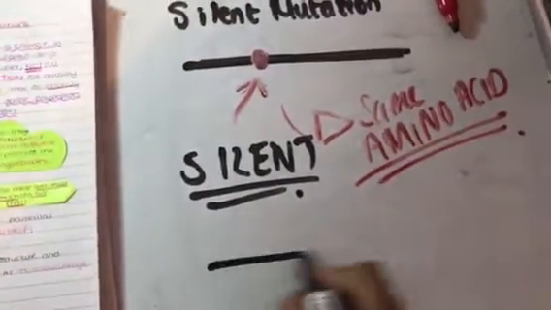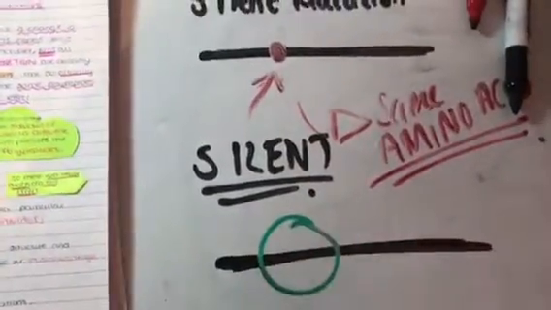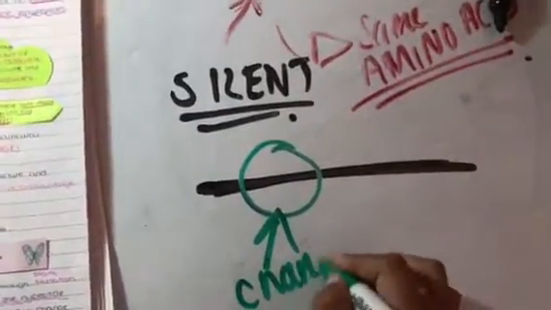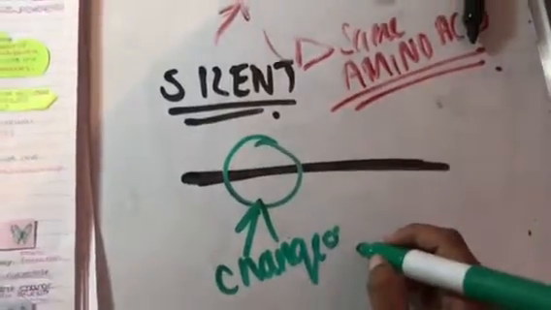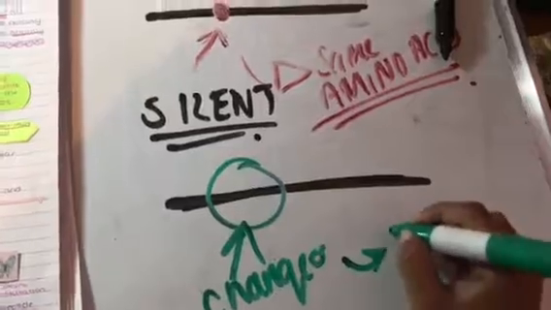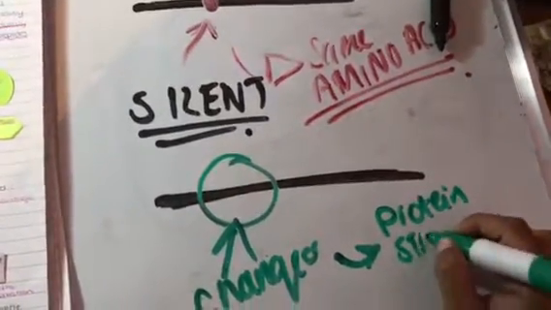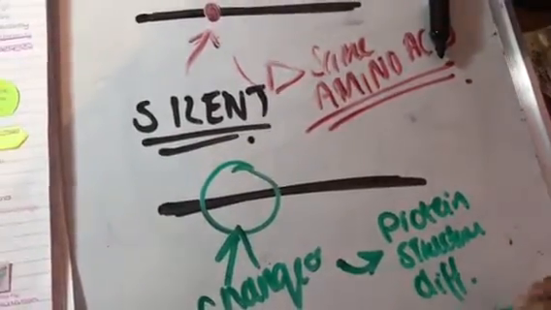So if there's a thing called point mutation, and I say this little section has been changed, it may affect the structure, so the protein structure is different.